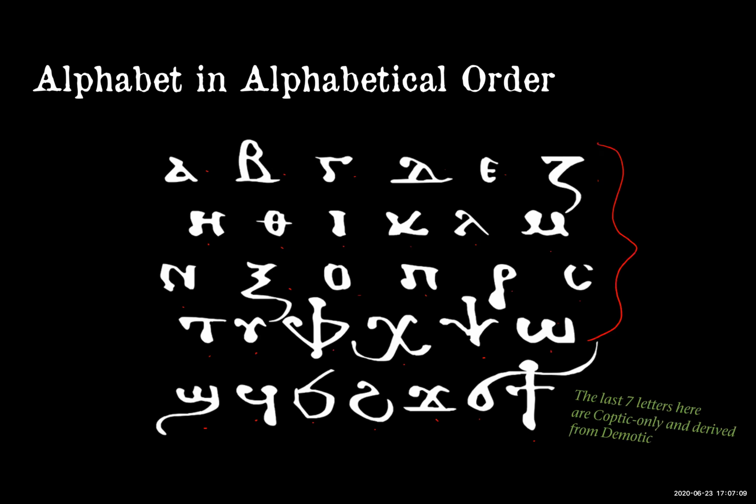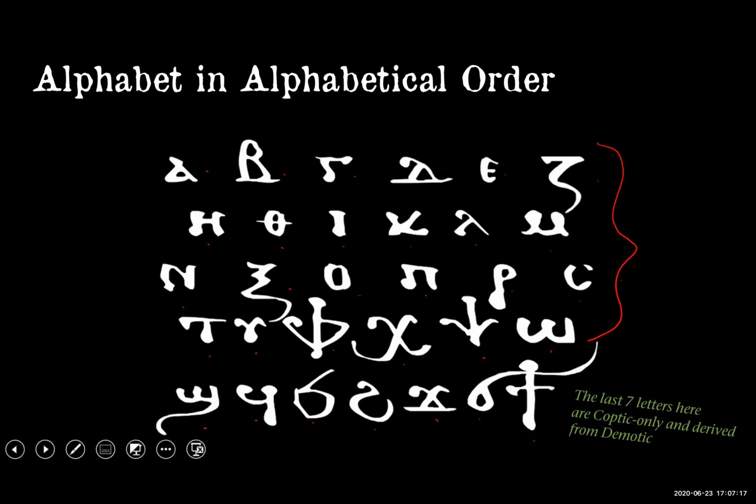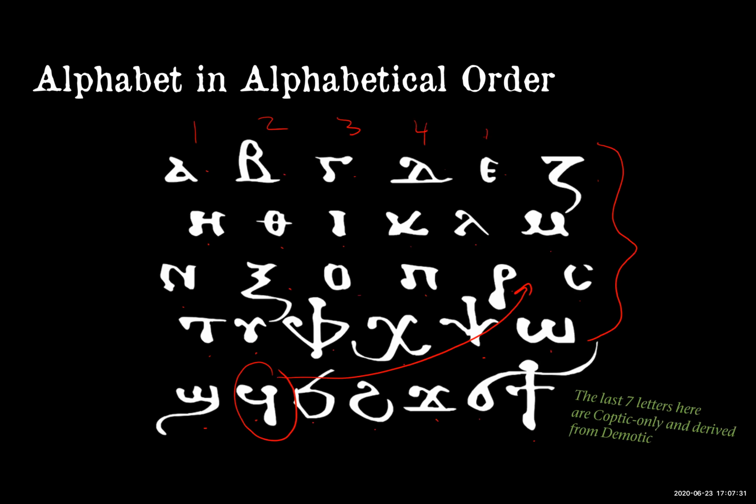Now let me see if I wrote something. Okay. For the most part, I want to bring this up. For the most part, you take the alphabet in order. This letter jumps ahead of itself. So for example, what do I mean? If you were to follow what I said, this would be 1, this would be 2, this would be 3, this would be 4, this would be 5.